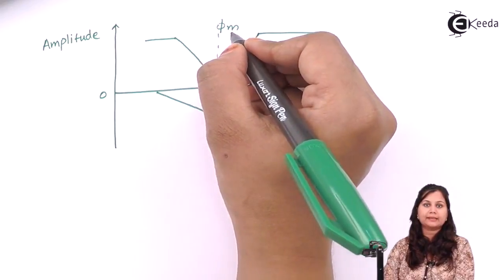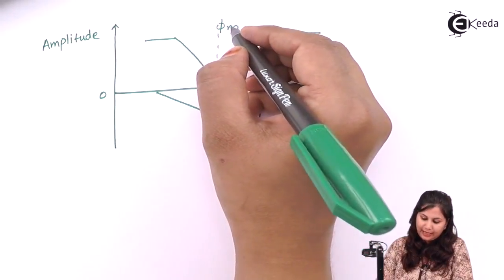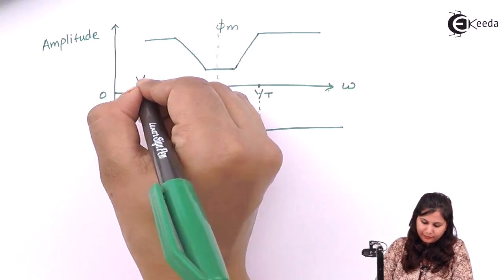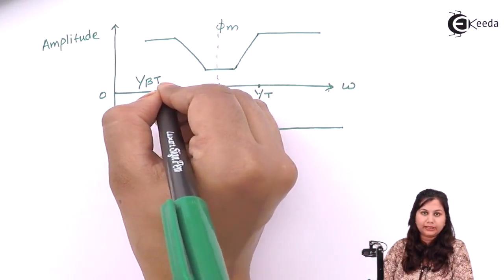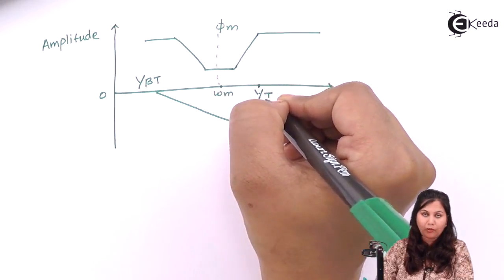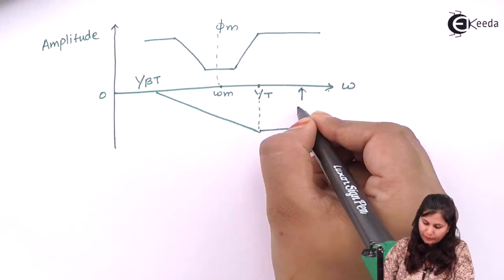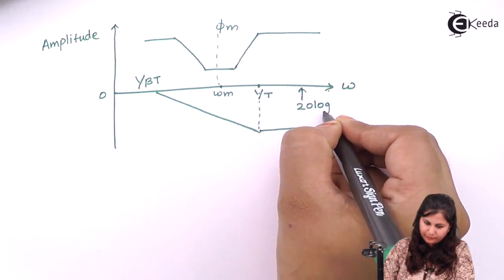At phi m, that is the maximum phase lag, the frequency is omega m, and this is the pole 1 upon beta t, and this is the zero 1 upon t. So if we see, this difference is 20 log beta.